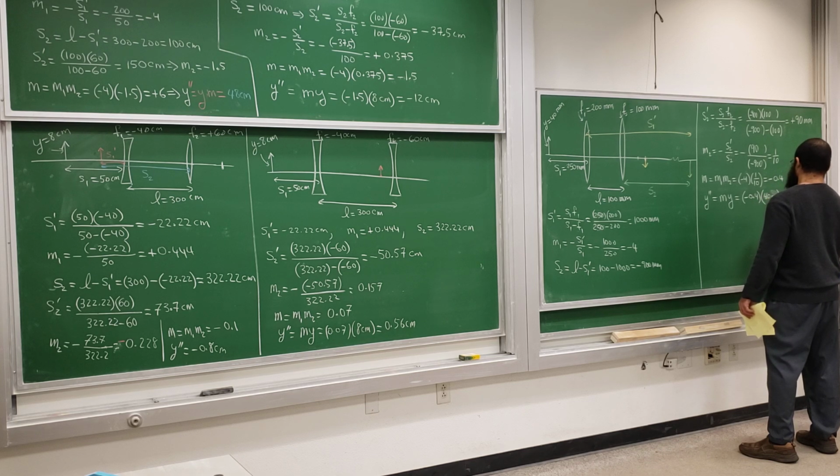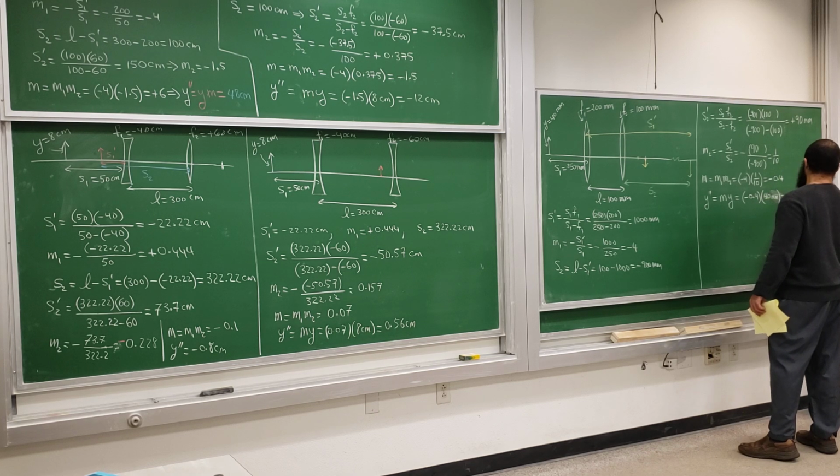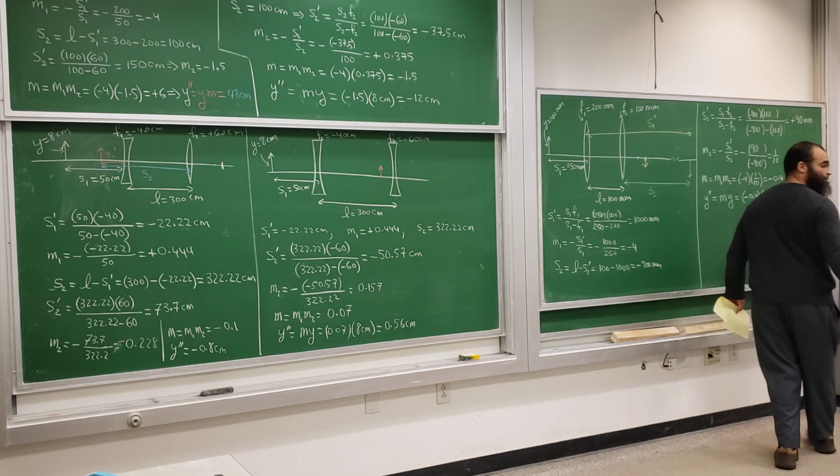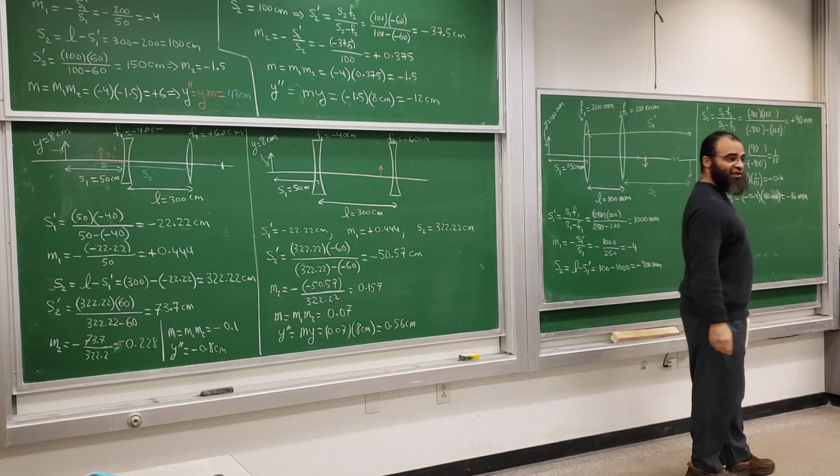So that would be minus 16 millimeters. Expect it to be minus 16 millimeters. This is interesting. This is the first time we get a negative object distance. It's a virtual object creating a real image.